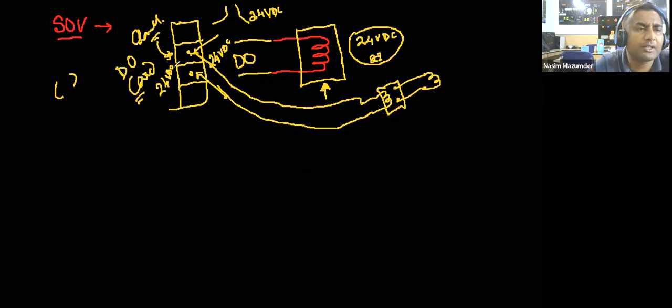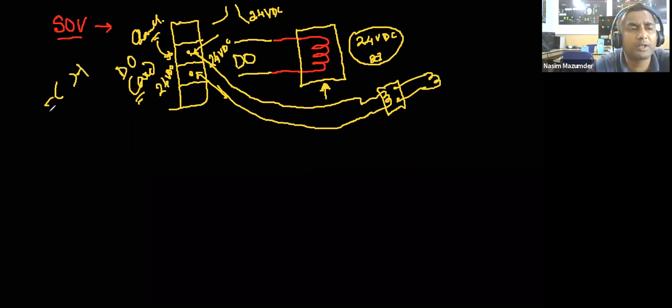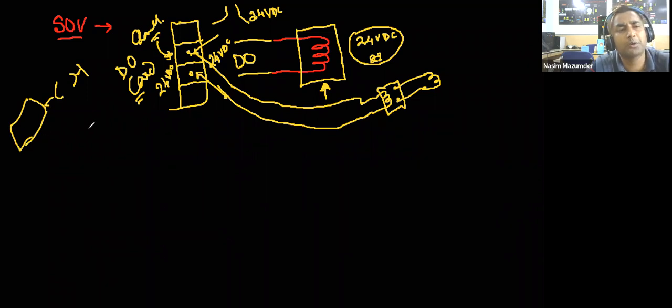Whatever number of channel you are using, you have to trigger that particular channel based on the condition for which you want your solenoid to be on or off. So this is very simple. A solenoid valve is simply an on-off device. If your channel is on or off, then your work is done.